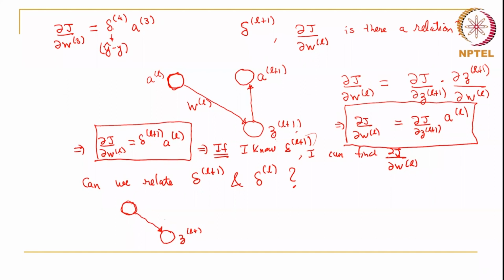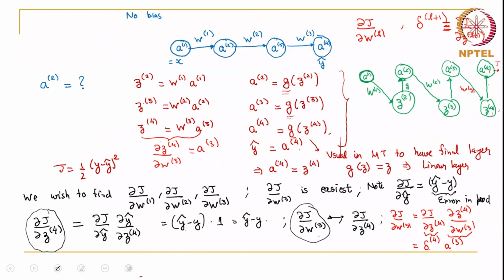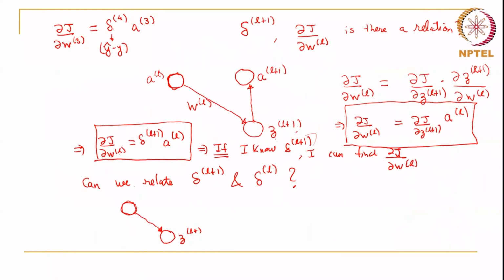Which is the thing just before ZL plus 1? AL. So the output of the non-linearity goes to the linear part. What connects these two? WL. WL AL is what gives us ZL plus 1. Okay, remember, linear combination gives this.